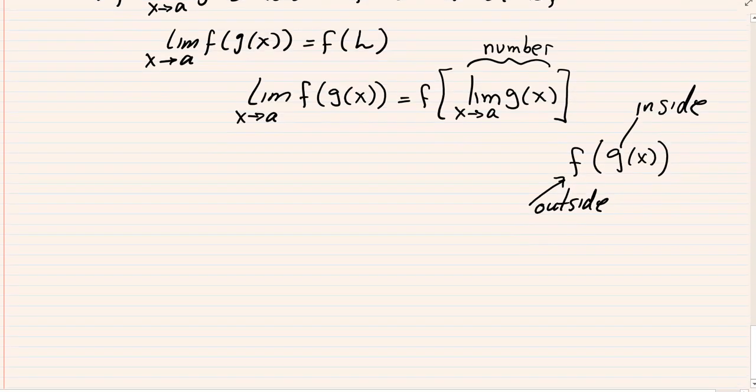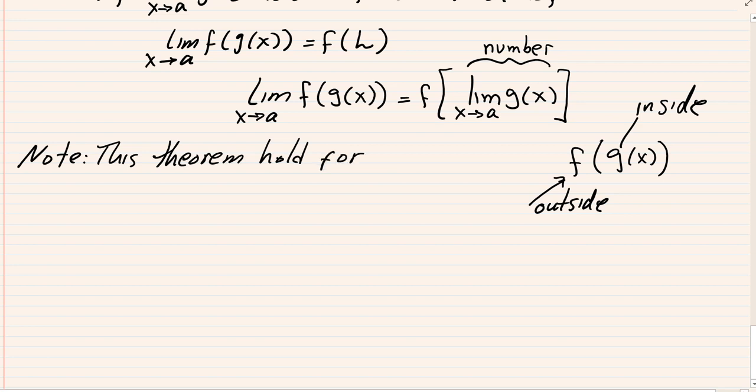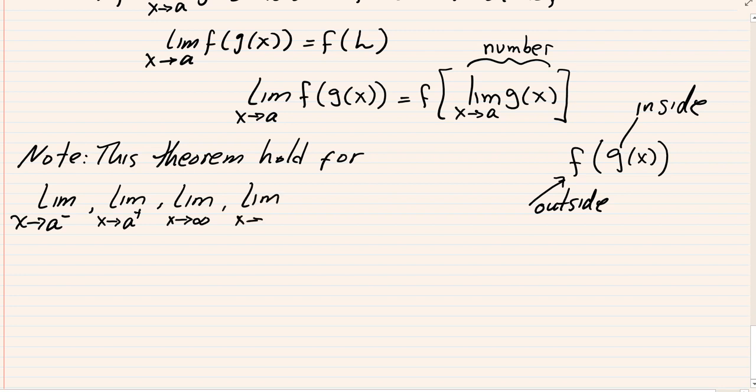Now, by the way, this is important. This theorem holds for other kinds of limits. So let me put a note for that for you. This theorem holds for, now those other kinds of limits are limits of this form: the limit as x approaches a from the left, and then the limit as x approaches a from the right, and then the limit as x approaches infinity, and the limit as x approaches negative infinity.